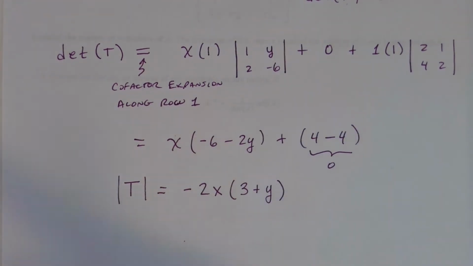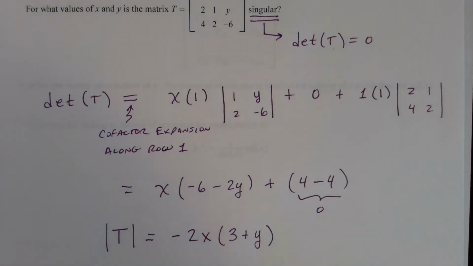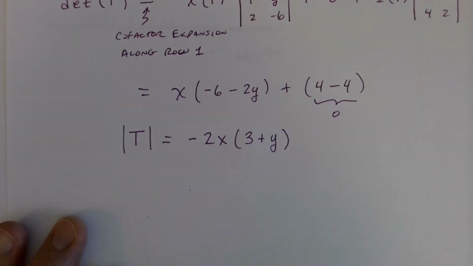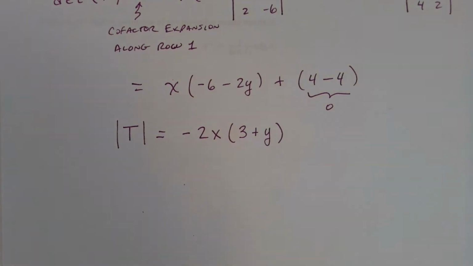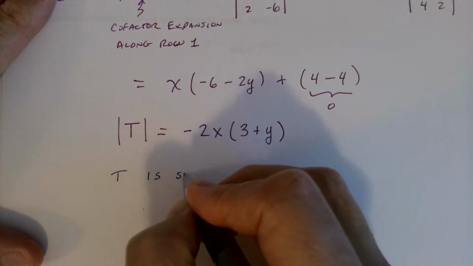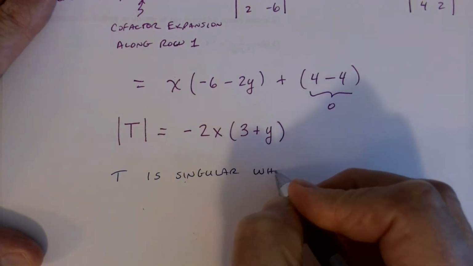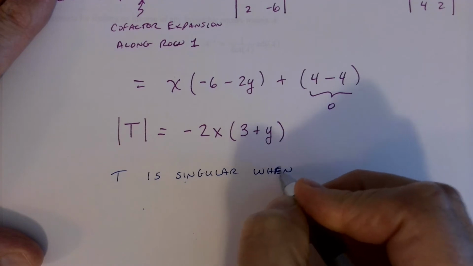So the question is, for what values of x and y is the determinant of T equal to 0? T is going to be singular when this determinant is 0, and that's going to be for what values?